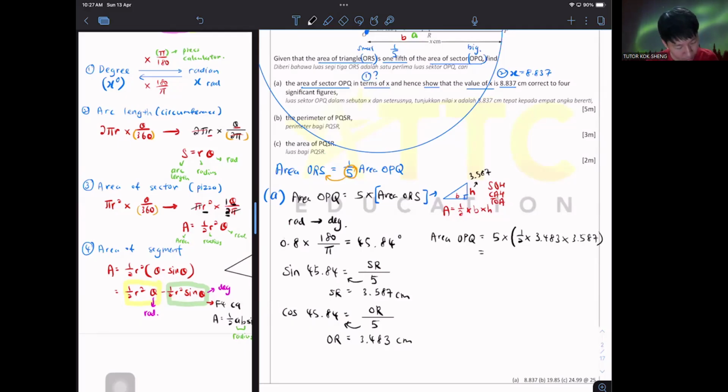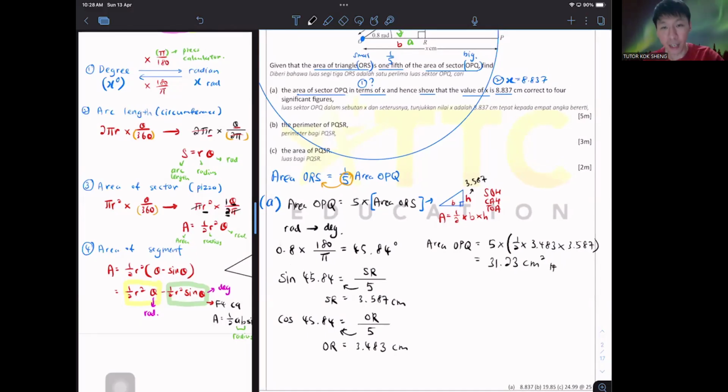So 1 over 2 times, we can press the whole thing: 5 times 1 over 2 times 3.483 and 3.587, we get 31.23. The answer at the bottom never shows the area, but it's okay. We know that the answer is 31.23 cm squared.